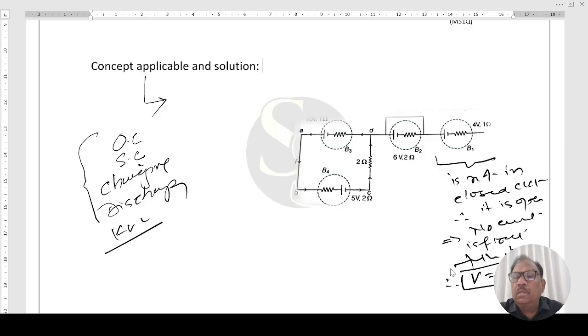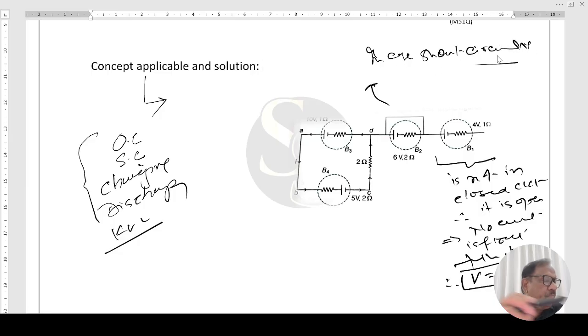Right? In this case, B2 is short circuited. When we connect the terminals with a conducting wire, that is called short circuiting. In case of short circuiting, V will be equal to 0.